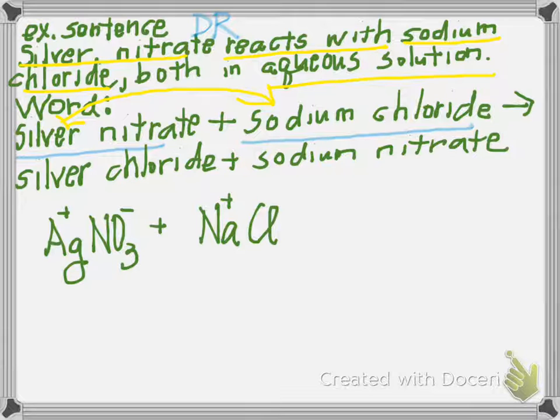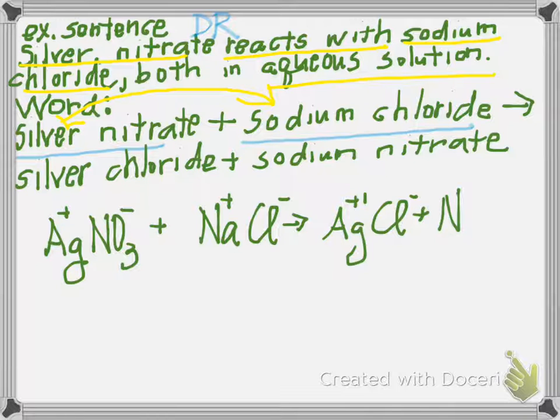Chloride is Cl, charge of -1. Silver is Ag. On your helper sheet, it has only one possible charge of +1. Cl, -1, nothing to do. Na, NO3. So this would be my balanced equation. When I look at balancing this, 1 silver, 1 silver, 1 nitrate, 1 nitrate, 1 sodium, 1 sodium, 1 chloride, 1 chloride. This happens to be a skeleton equation that's also a balanced equation.